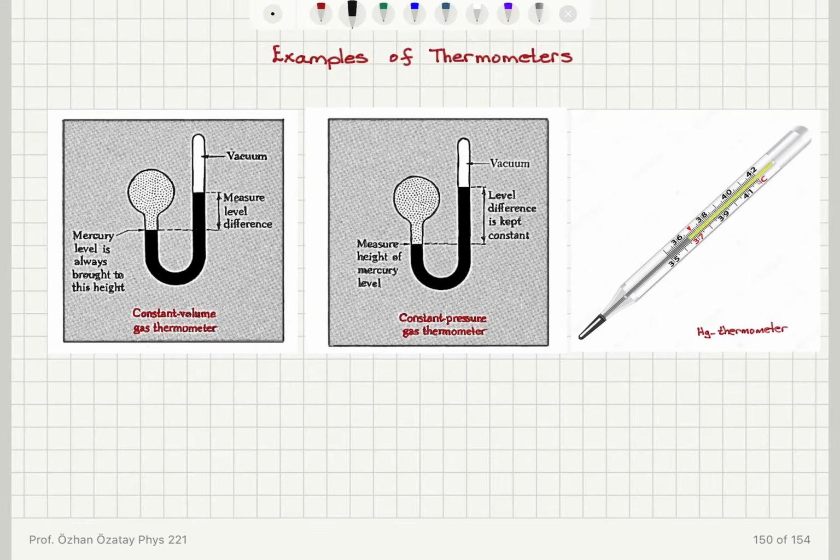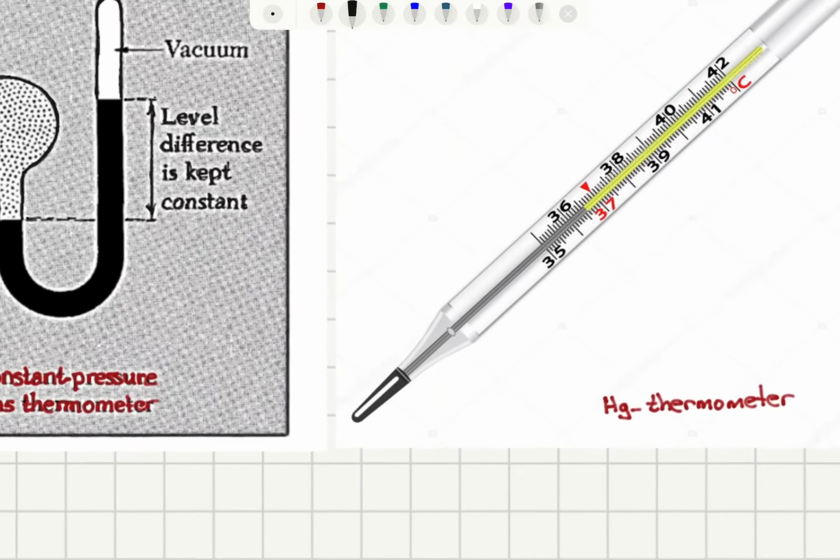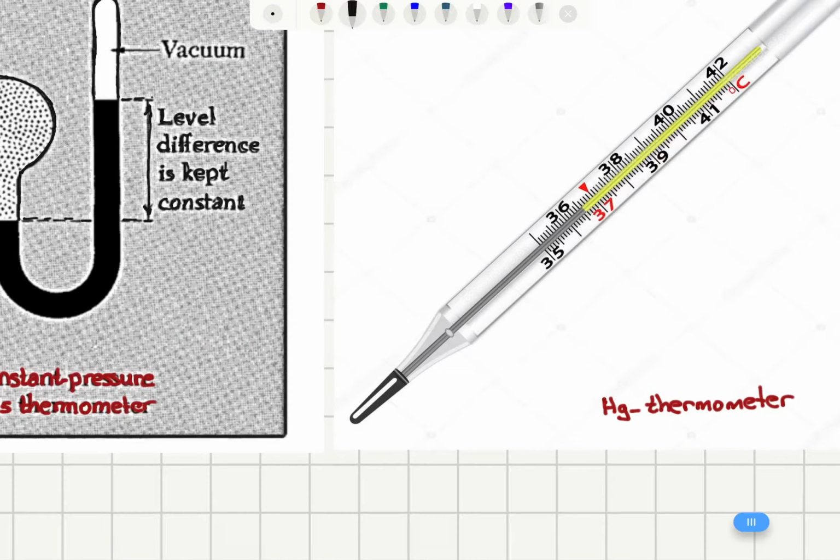So looking at some examples of thermometers, first of all we have a mercury thermometer. You can see here it's the column of the mercury in the capillary inside this tube that is measuring the temperature. Basically, we are looking at the change in the height of this column.